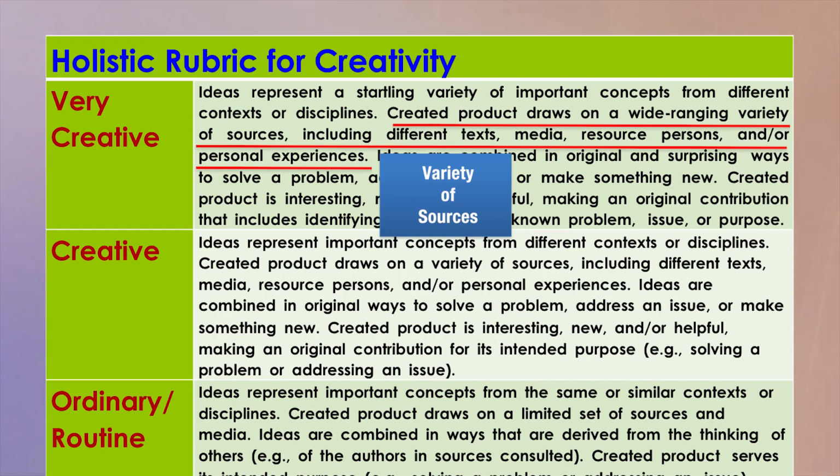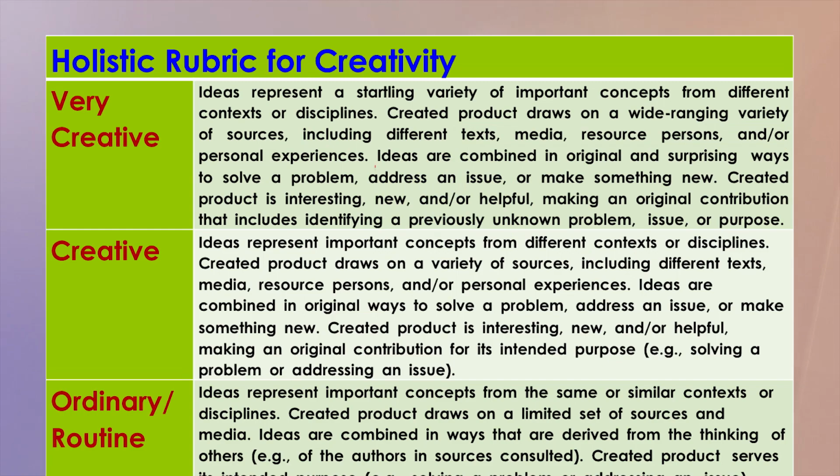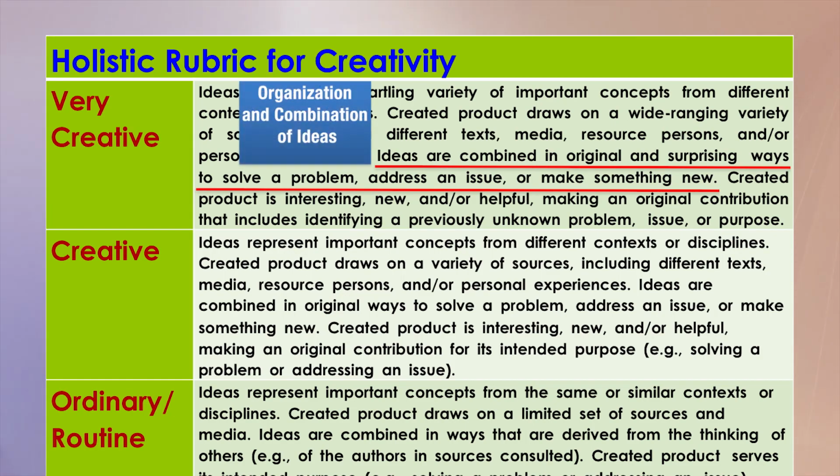The third statement of the description is, ideas are combined in original and surprising ways to solve a problem, address an issue or make something new. It was the description for the level very creative under the criterion organization and combination of ideas in the analytic rubric for creativity.